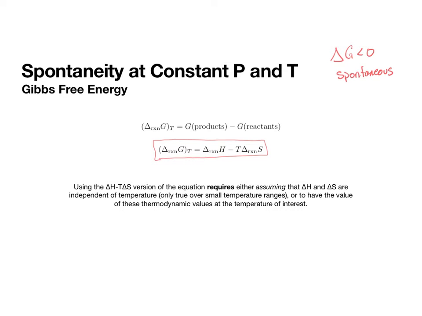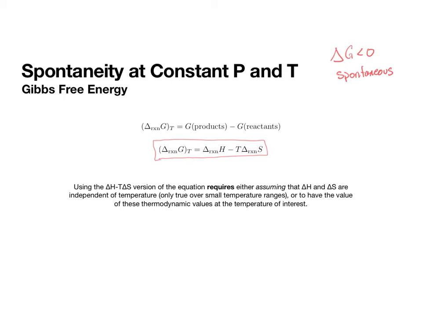Now, the delta H minus T delta S version of this equation requires that we either assume that delta H and delta S are independent of temperature, which is only true over small temperature ranges, or we have to have these values of delta H and delta S at or around the temperature that we're interested in.